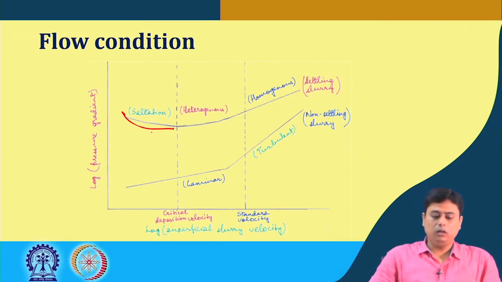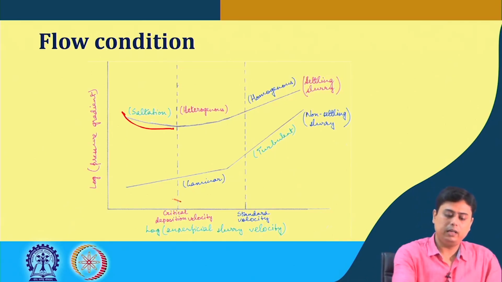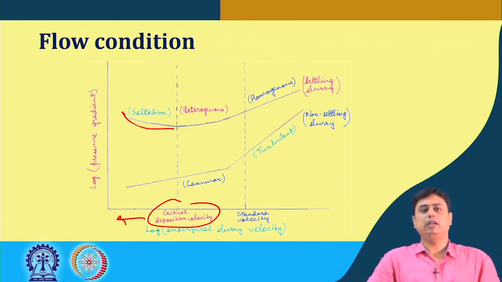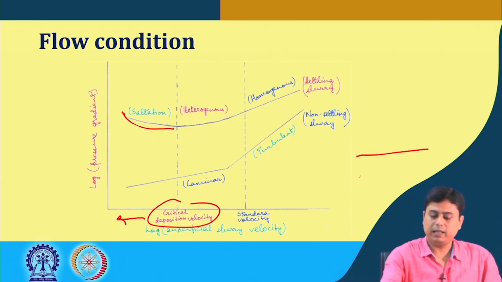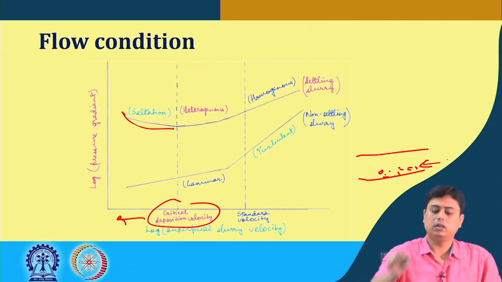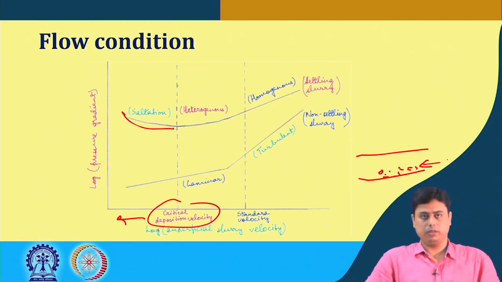If we go below the critical deposition velocity, the pressure drop in the settling cases increases because the particles have settled at the bottom. Now it requires higher pressure drop for its movement. It is no longer suspended in the fluid cross sectional area.